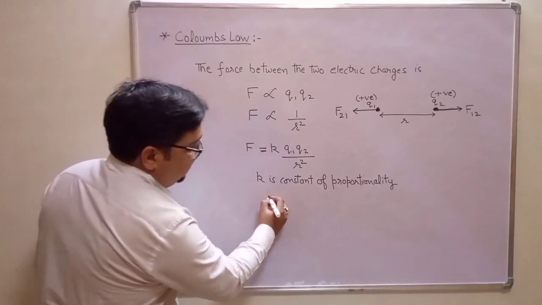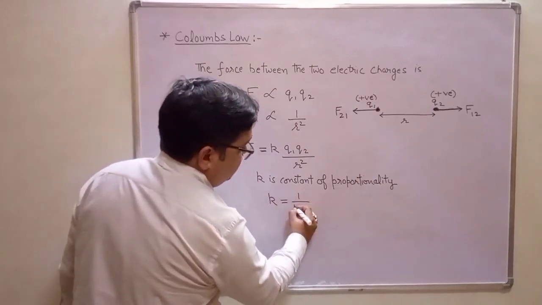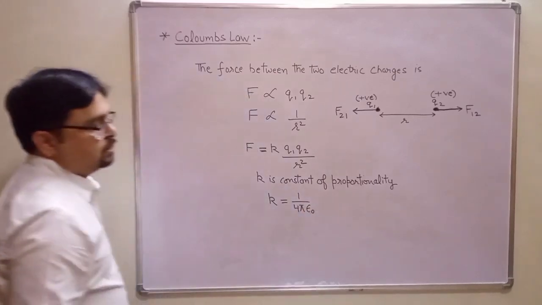The value of K is 1 upon 4 pi epsilon naught.